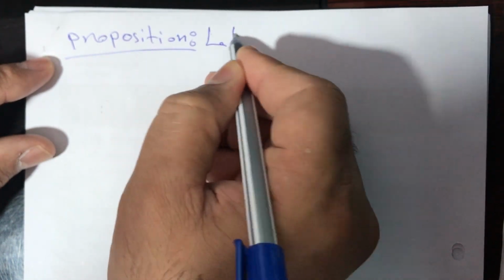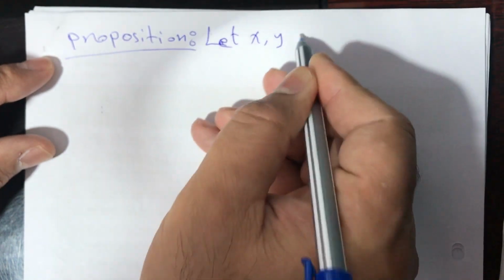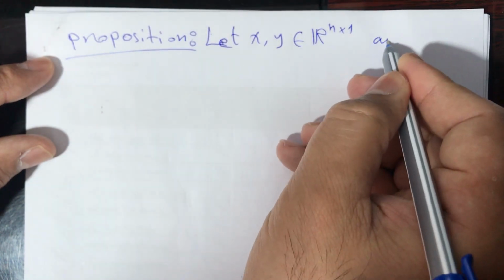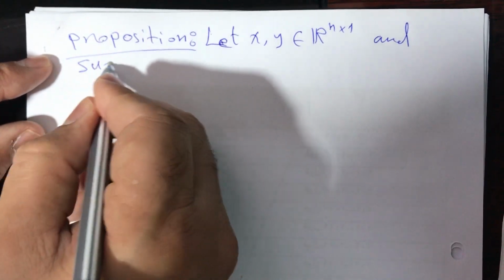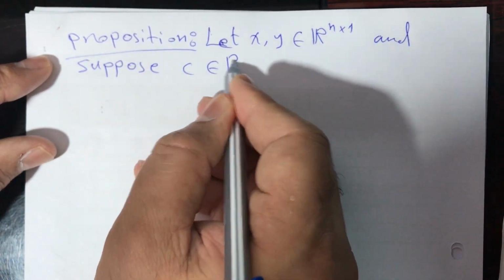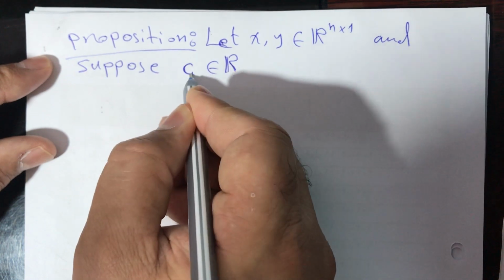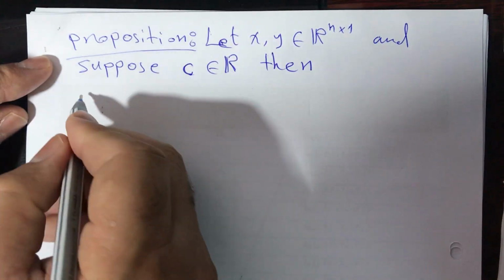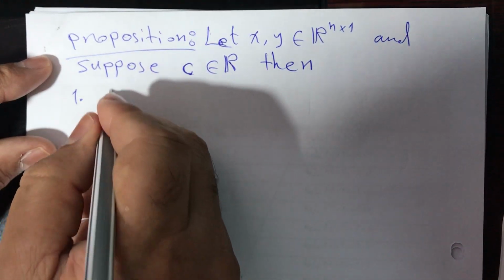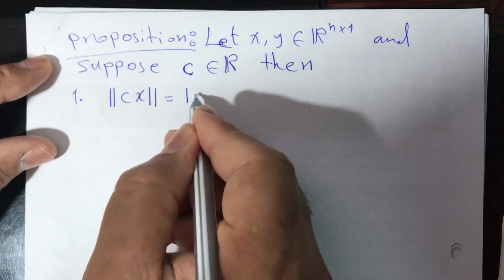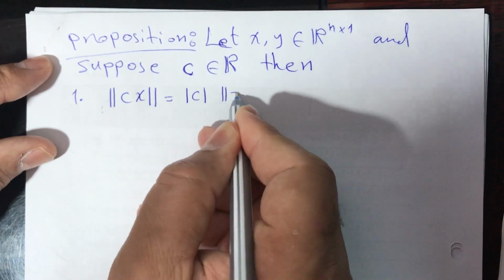Let x, y belong to R^(n×1), and suppose c belongs to R. Then, number 1, the norm of cx is equal to the absolute value of c times the norm of x.